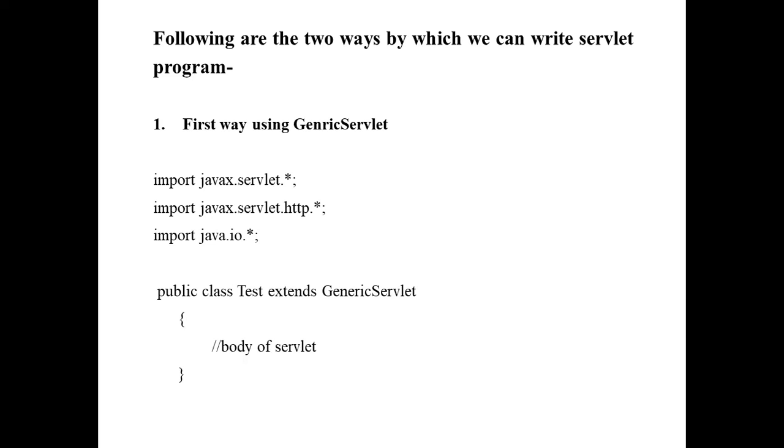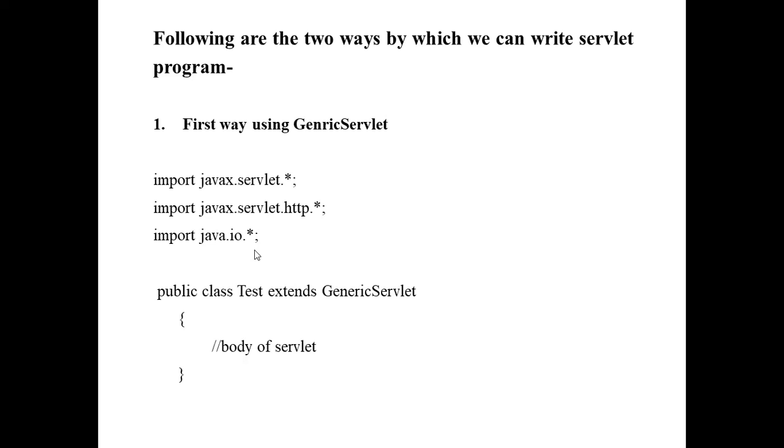First see the syntax of defining the servlet class using the GenericServlet. First import javax.servlet.*, then import javax.servlet.http.* and import java.io.*. The java.io package is useful for taking care of input output operations.